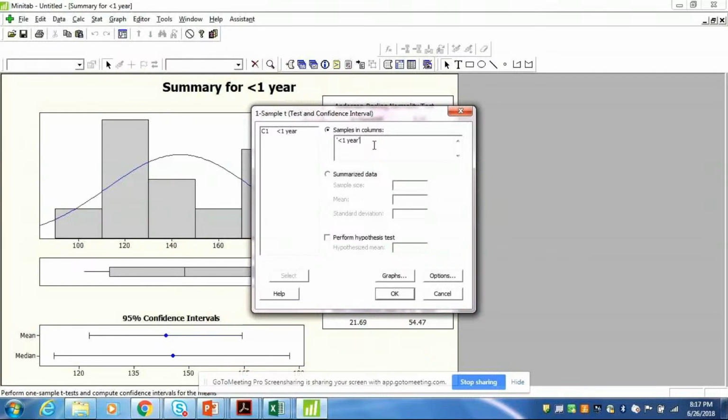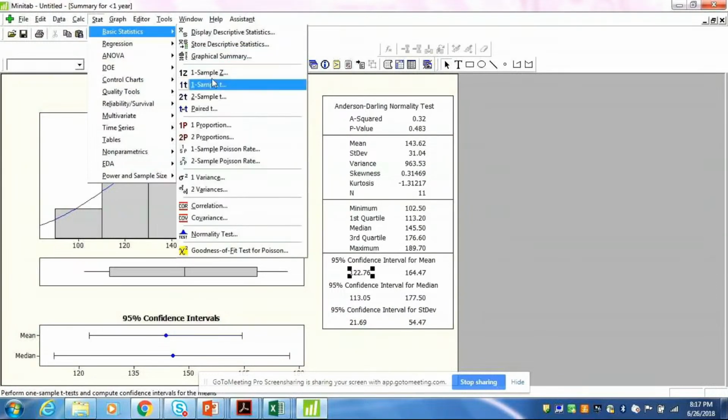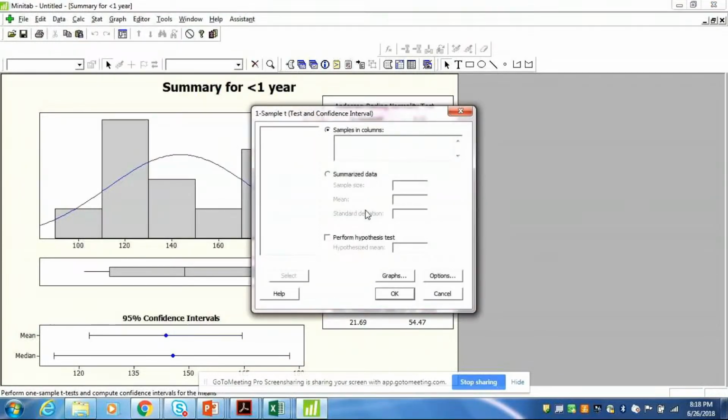I didn't get any data when I closed that graph. Did I have to leave it open? No, you don't. Statistics, basic, one sample T. Yes, absolutely. You getting something like this? Yep. Oh, I had to click. That's all I had to do. I got it.